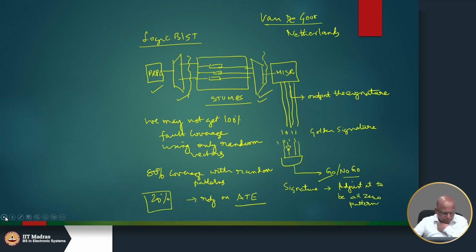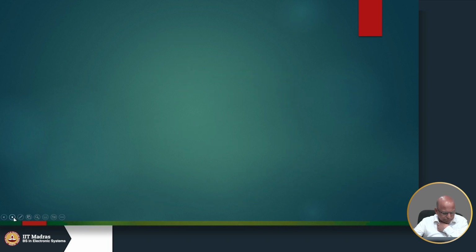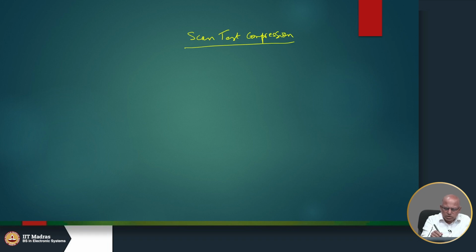Okay. So people have been looking for something that, if possible, eliminates this, right? So here is a solution that some people have proposed. It is called scan test compression. The idea here is like this: use ATPG to generate a test which has adequate coverage.